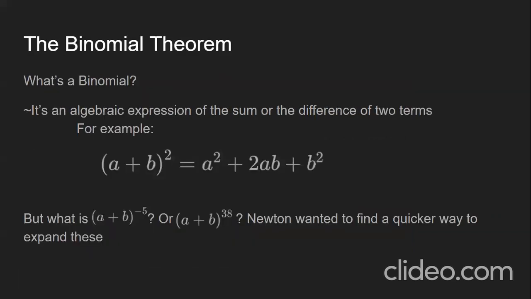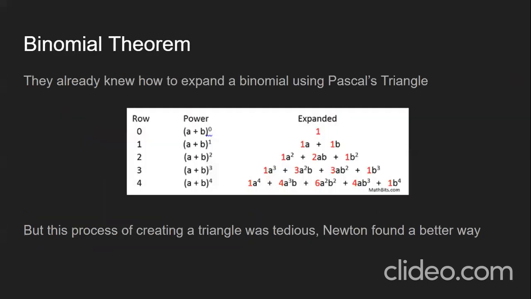So what's a binomial? We've all taken Algebra 2, and that's a binomial, (a + b) squared. And Pascal, we know that Pascal had this triangle. Does anyone know anything about this triangle? If you've seen it, yeah.